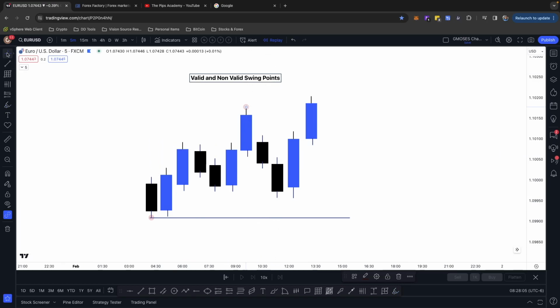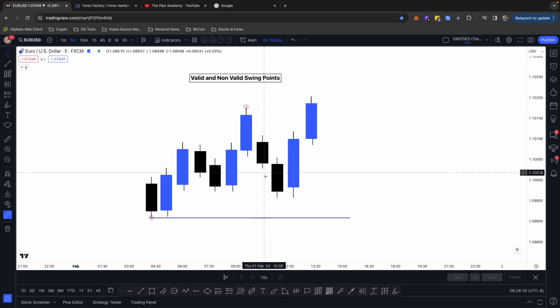And when I say outside of that range, I mean there must be a body closure outside the range of this candle. So if we look at the range of this candle, we have a body closure that closed outside the range of this candle. And so body closures are really, really important.